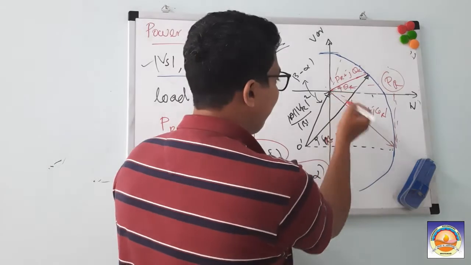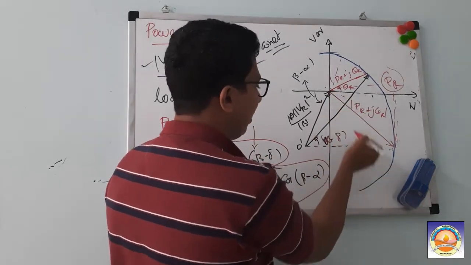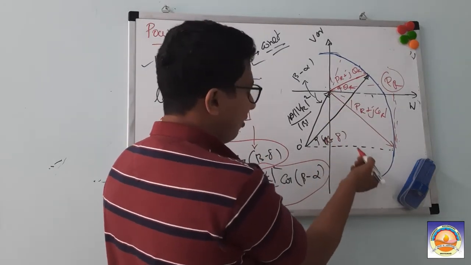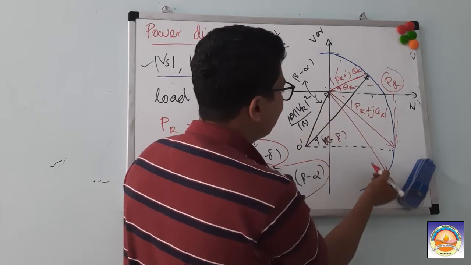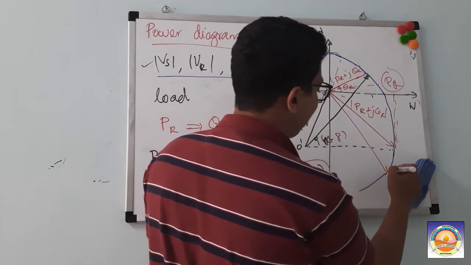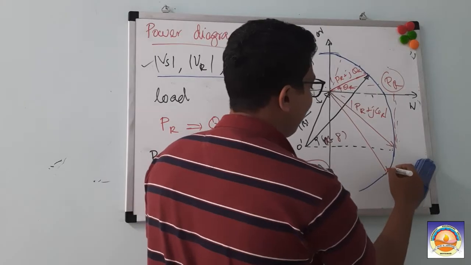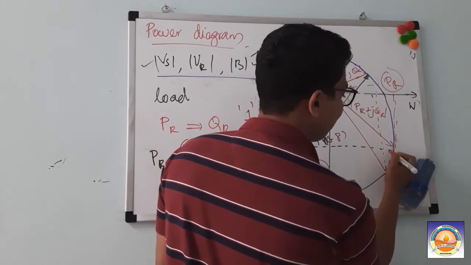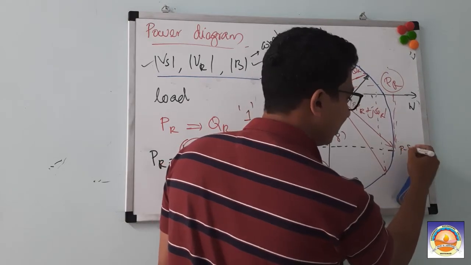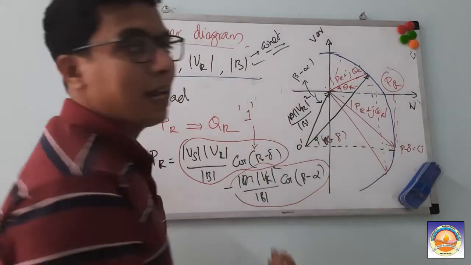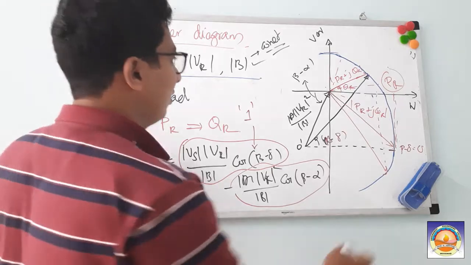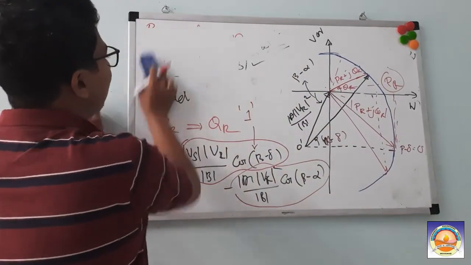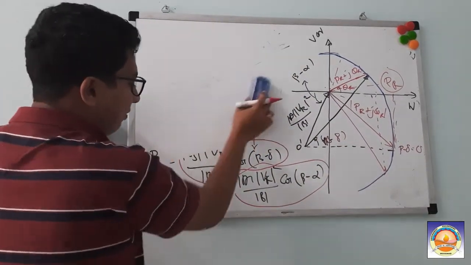Afterwards, if I increase beta minus delta again, this can be here, right? So what will happen if it is here? Your PR is going to reduce only. This will be the maximum position when your beta minus delta is 0, where you will have maximum active power delivered. So what will be that maximum active power delivered?